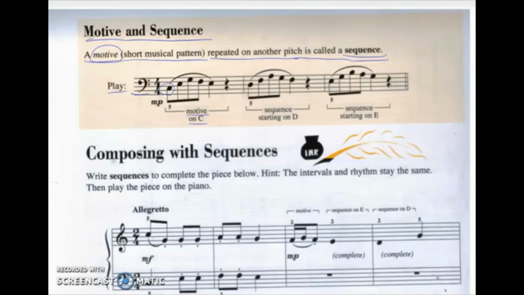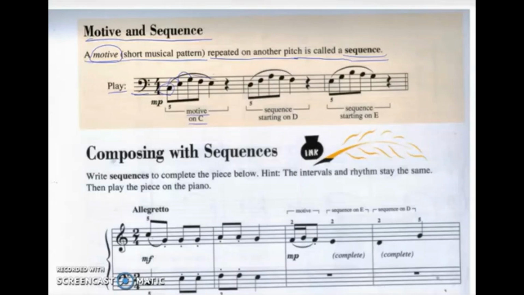Okay, sounds like that. So, let's take a look. How does this motive look? The first note was C, and then E, G. So it's skipping up in the beginning. The three notes skipping up, and then the last three notes are stepping down.